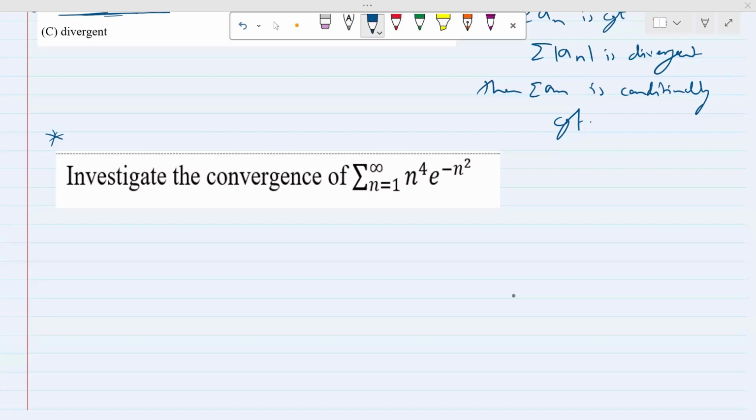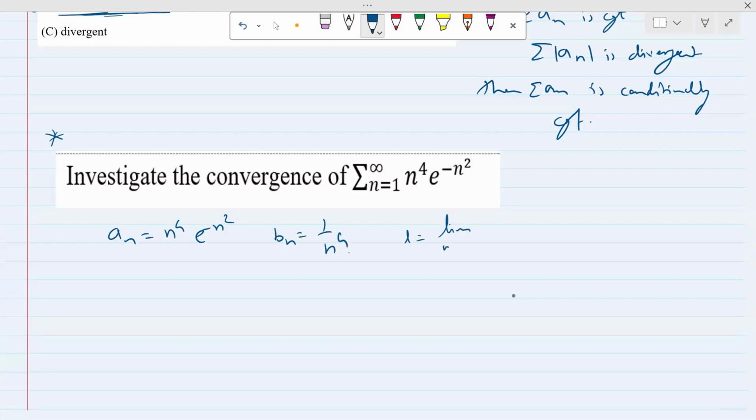I am using the limit comparison test. I am choosing n to the power 4, e to the power minus n square as an, and bn I am taking as 1 by n to the power 4. Yes, you can take that.